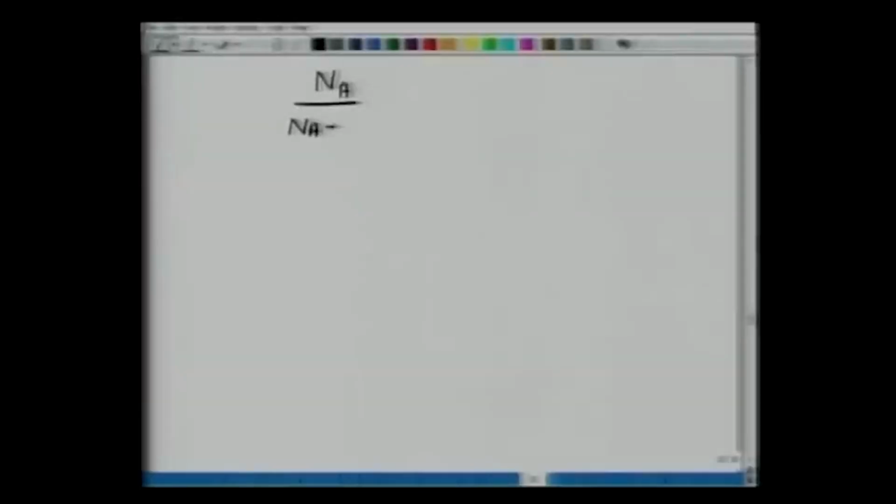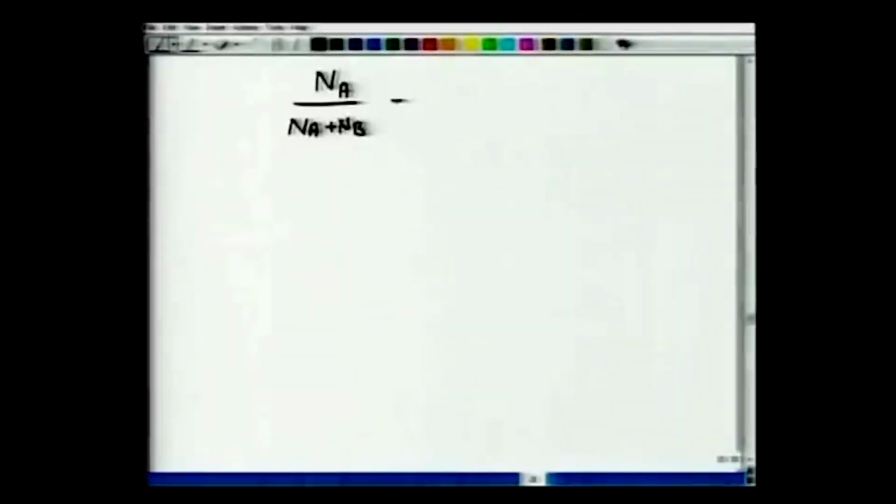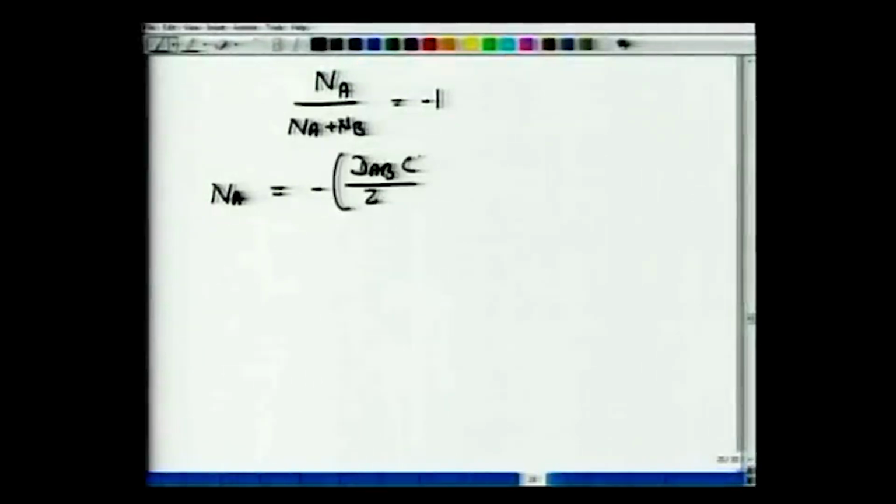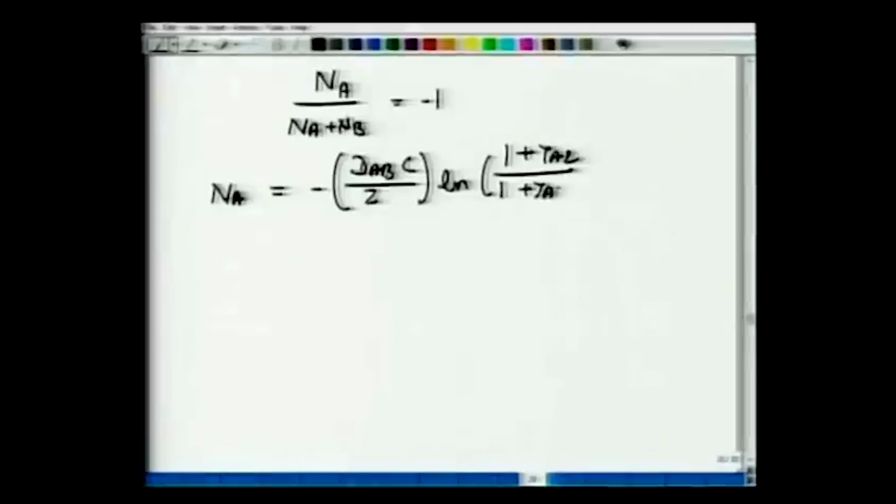So if Nb equals minus 2 Na, then Na over Na plus Nb equals minus 1, and therefore we have a relation: Na equals minus DAB C over Z ln of (1 plus Ya2) over (1 plus Ya1).